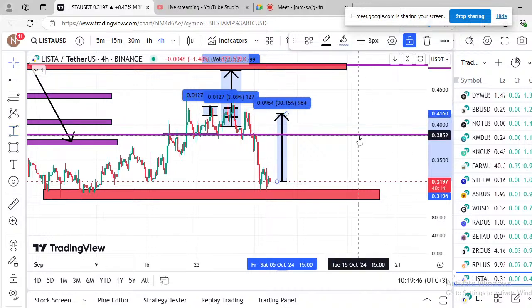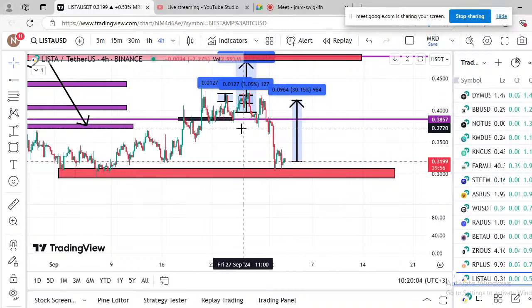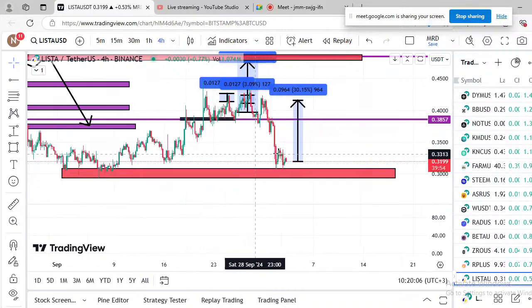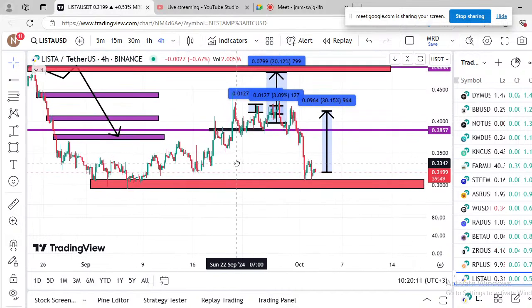It is called the Aero. Aero I S T A. That is the name of the coin. So we expect at least 30% from this coin, because it is at the discount level and it is at the strongest support.